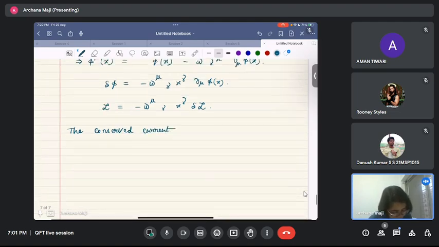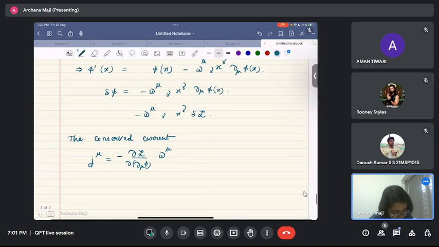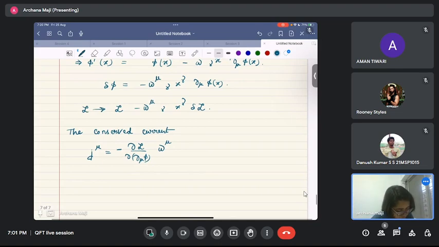The conserved current J mu will be equal to del mu phi times delta phi. What is delta phi? Delta phi is minus x nu del mu phi, and this is the change in the Lagrangian. This we derived earlier, so I'm not going over that derivation.